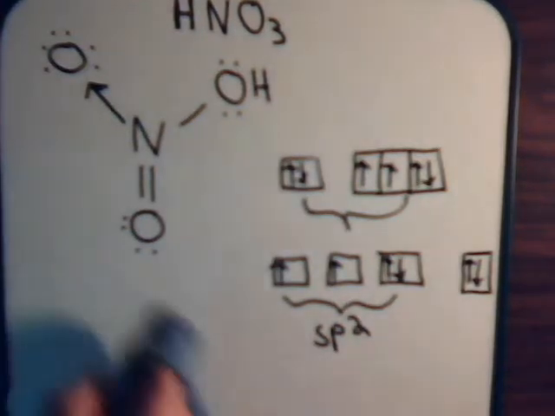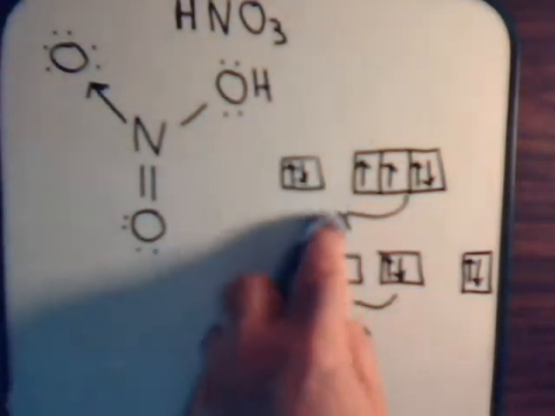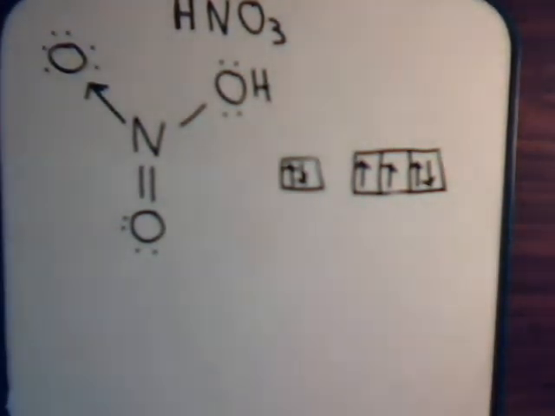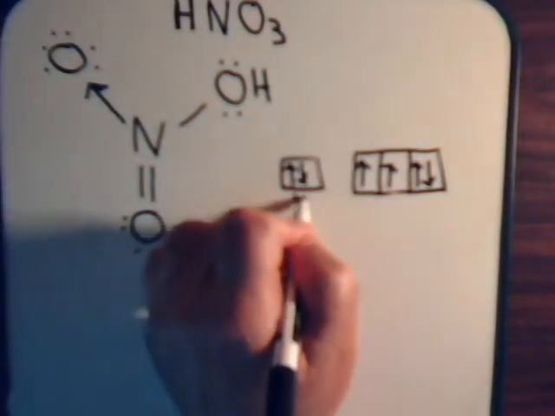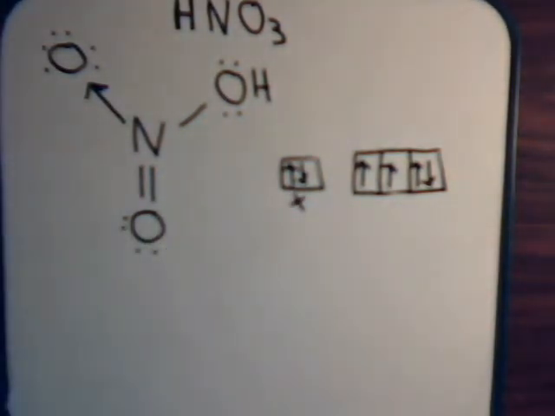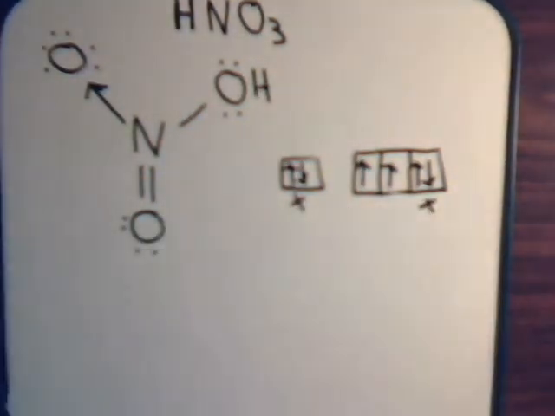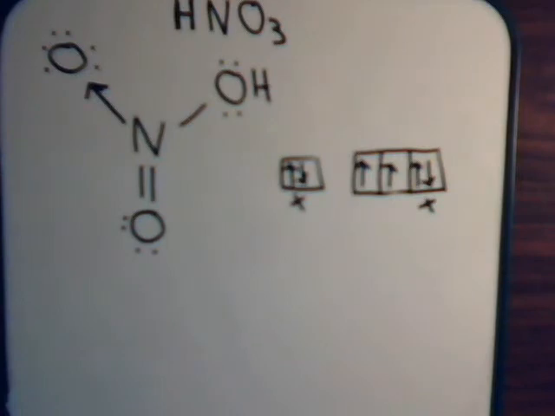Now, for this one, the one with the double bond, again sp2 hybridized, we take a single s orbital and combine it with two p orbitals, but this time when we do it, one of the p orbitals that we use has the electron pair.